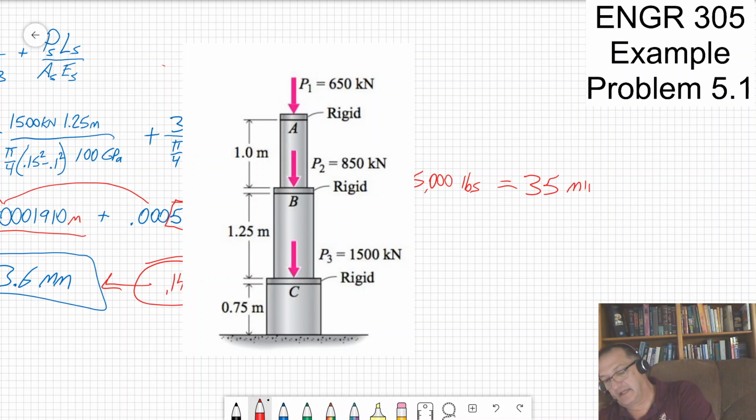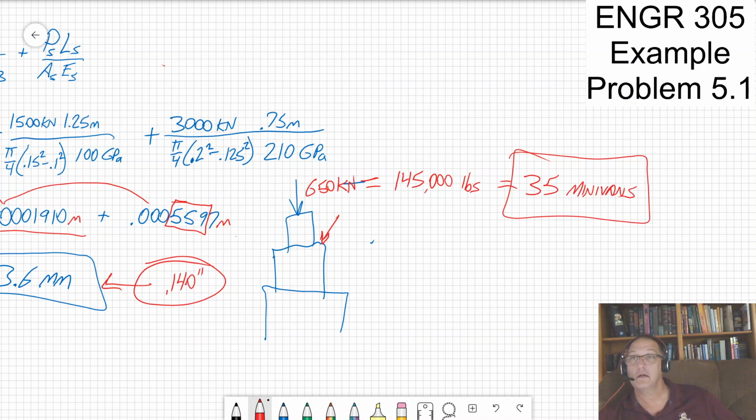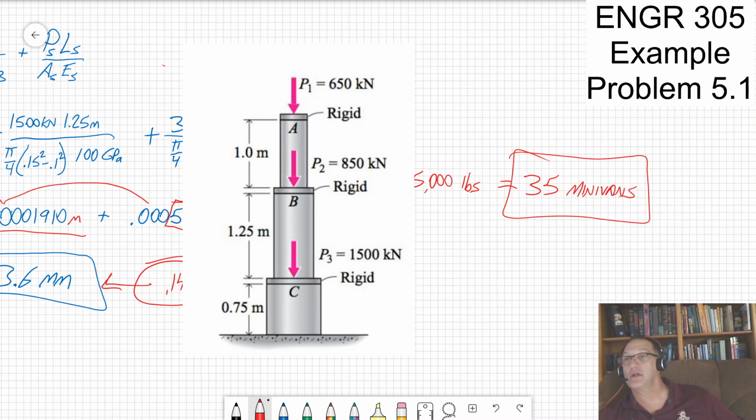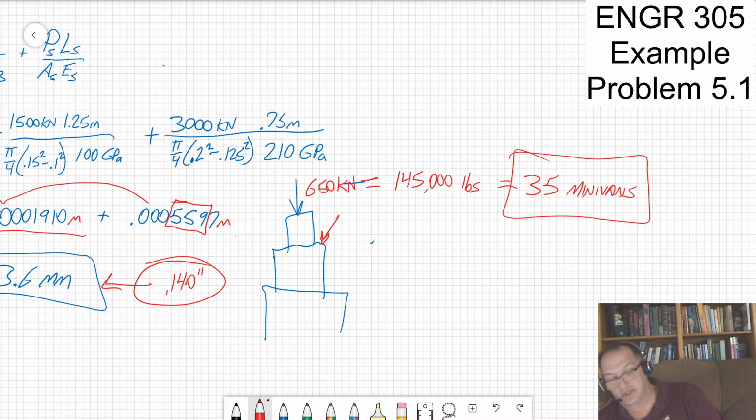35 minivans on the top. And then, do you remember they put more there? There's another 850 there. So here's another probably 50 minivans.